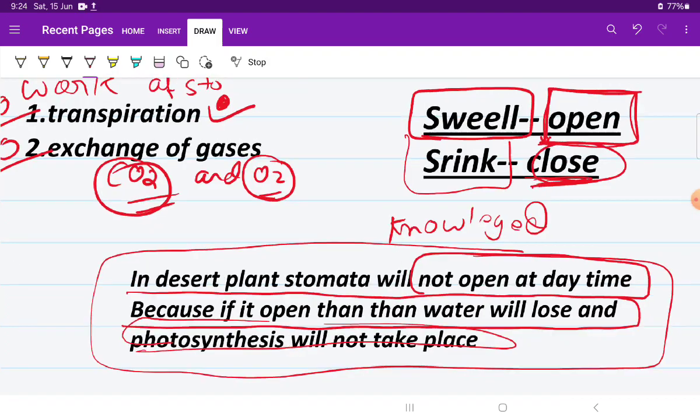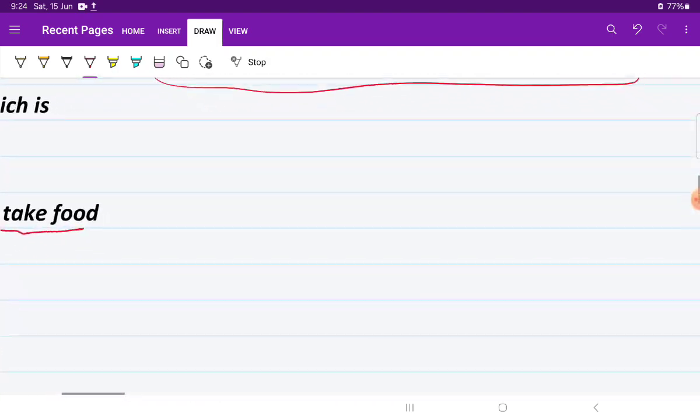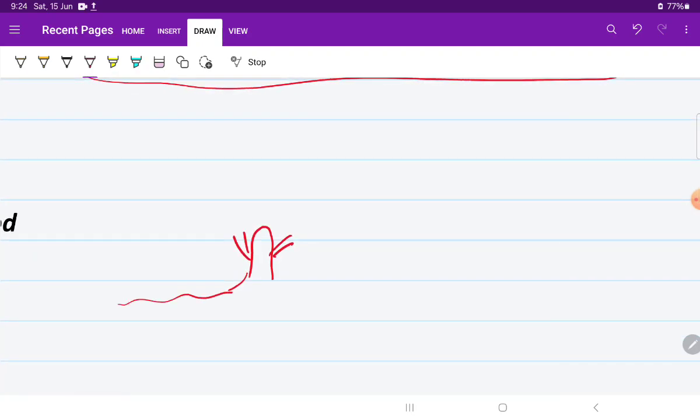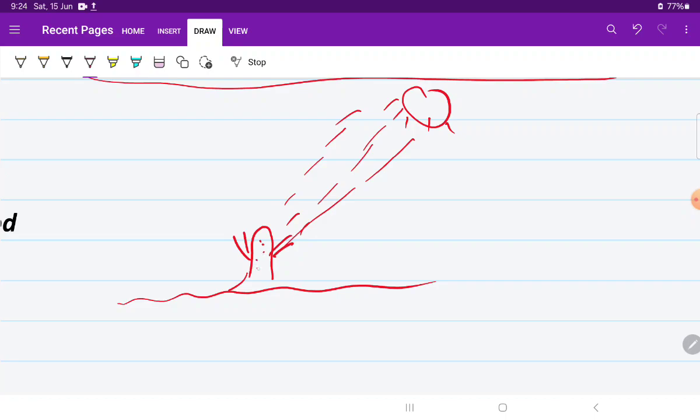Students, what does the plant do? For example, this is a desert plant. This is the desert, this is the sun. The sun rays are coming, which are absorbed by it.